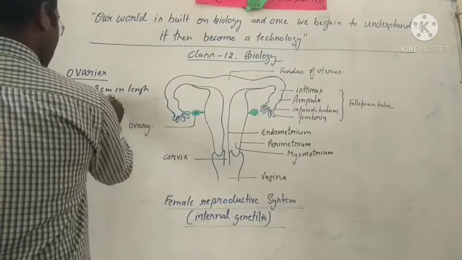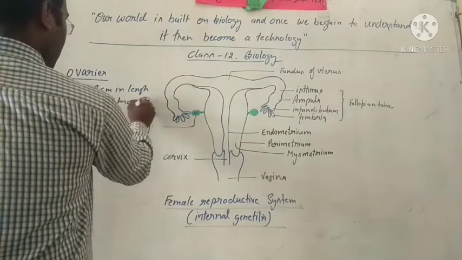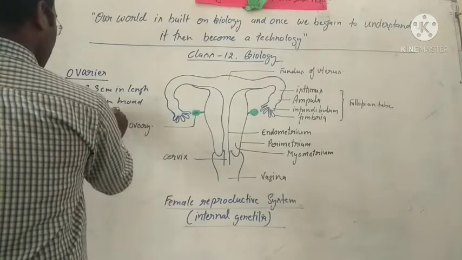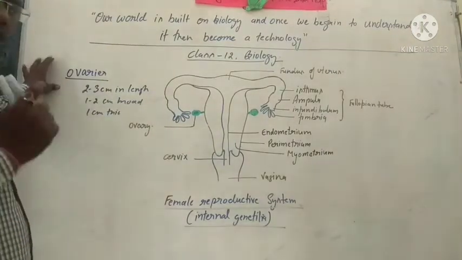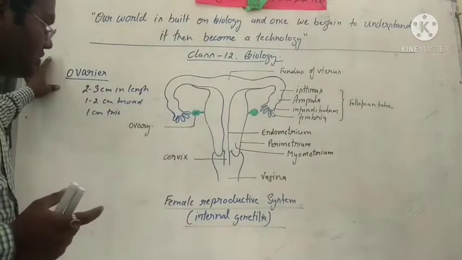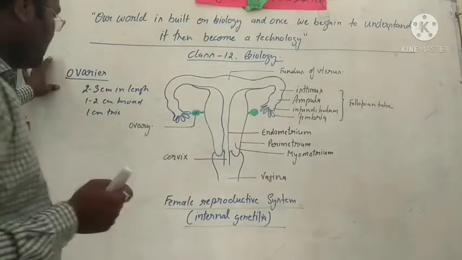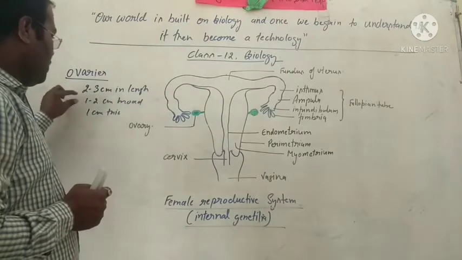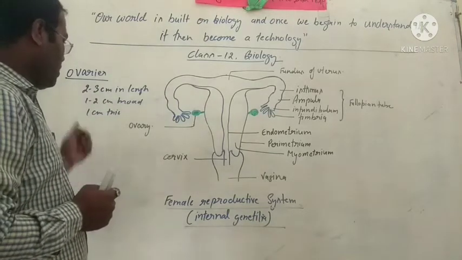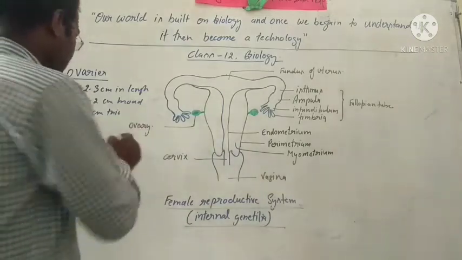Each ovary is about 2 to 3 centimeter in length, 1 to 2 centimeter broad, and 1 centimeter thick. The ovary is an oval shaped structure.